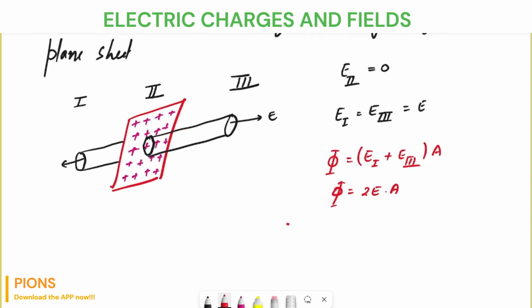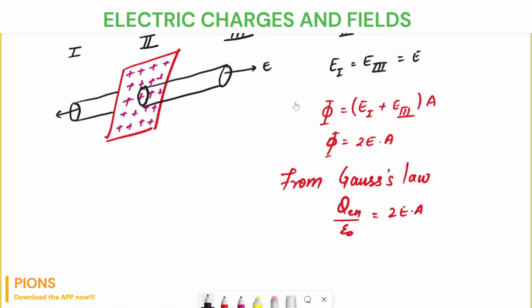Now phi from Gauss's law is nothing but total charge enclosed upon epsilon naught, and that equals twice E into A. Now we know that if it is a charged sheet, then sigma is the surface charge density, that must be equal to total charge enclosed upon the area of that part.